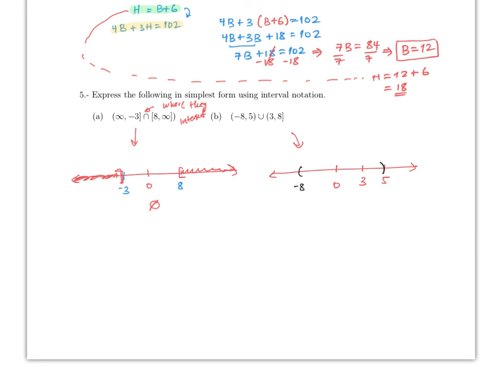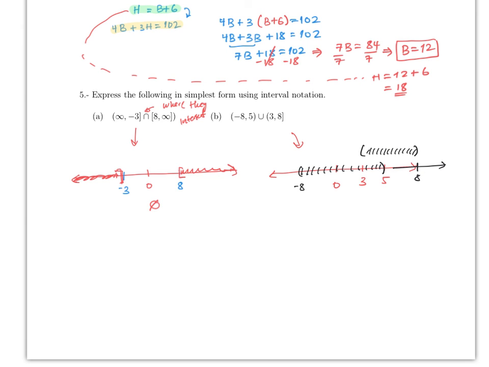Minus A to 5, that's the first one, which is this. Or 3 to A. So 3 is here. Let's say this keeps going, and A is here. So it will be this part. Since this is OR, it will be both of them.